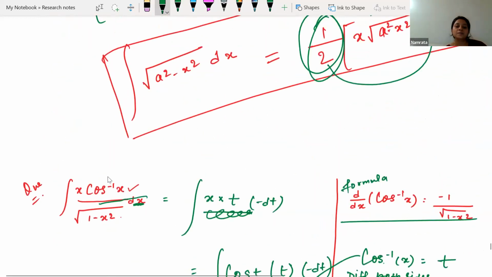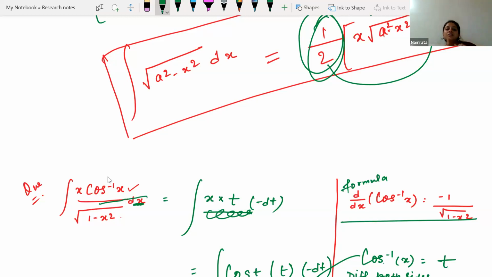Let's summarize it. We had x cos inverse x by under root 1 minus x square, and we were thinking how to do this, but we realized that cos inverse x is visible, and 1 by under root 1 minus x square is also visible.